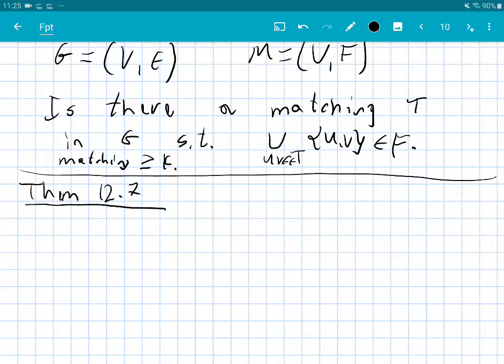In fact, you need to check only on one value if the field you're working over is large enough. So it's easy to check, and you can use it to find the matching. Essentially, you use a greedy algorithm. You remove an edge, and you check whether the remaining graph still has a matching under the constraint of the Matroid.